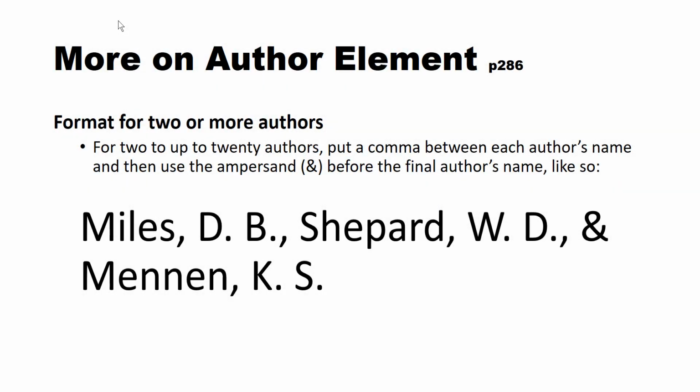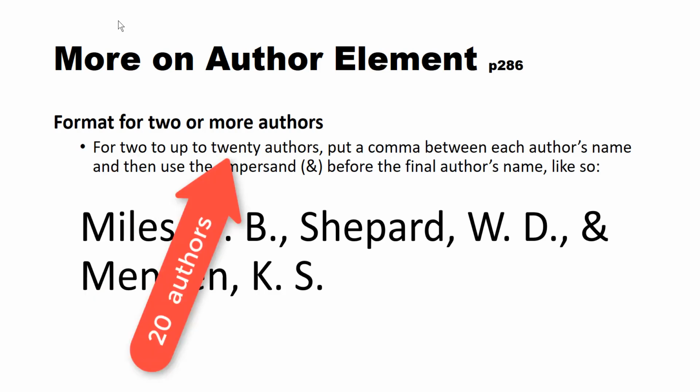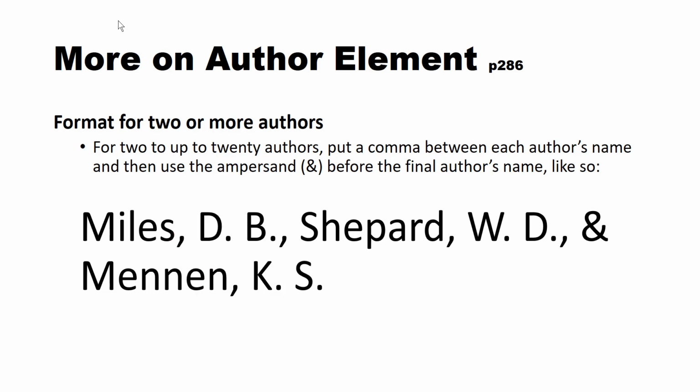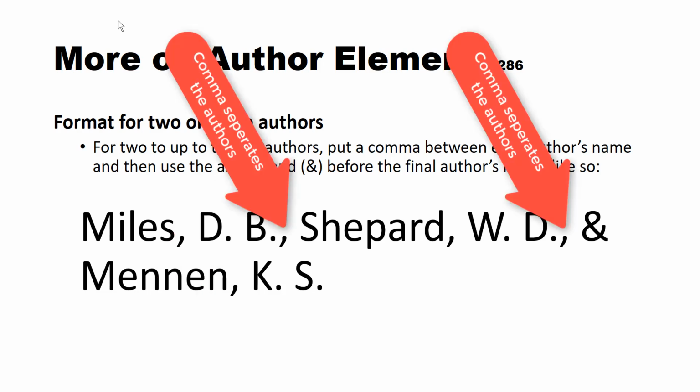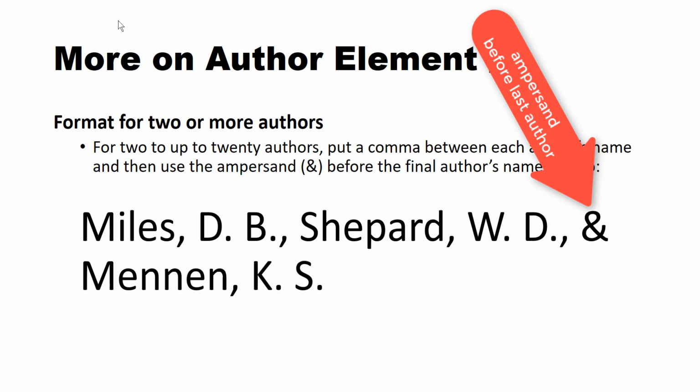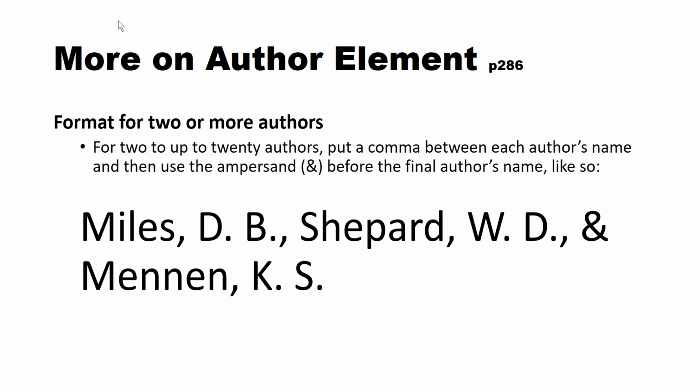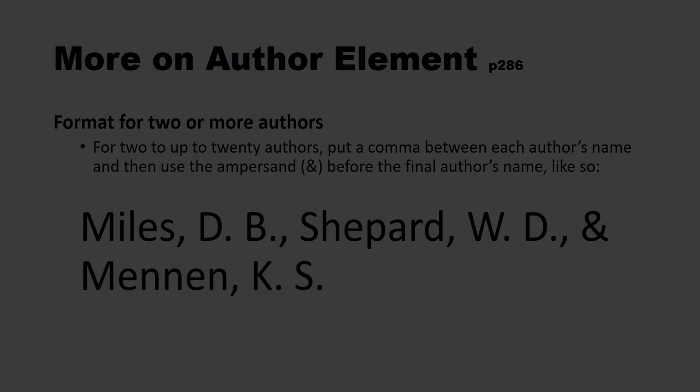Now some more that you'll need to know about the author. For 2 or up to 20 authors, that's right, 20 authors, put a comma between each author's name and then use the ampersand before the final author's name, as shown below. So you have Miles DB, comma, Shepard WD, comma, and with the ampersand, Menon KS.